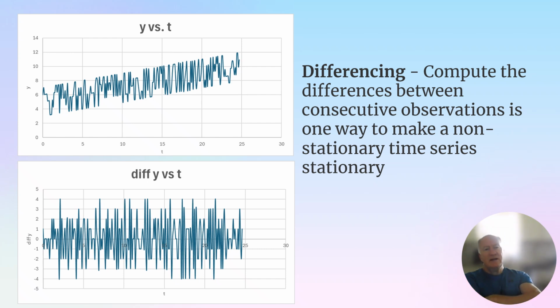So for example, here is a data series with a trend, and we took the difference of the two data points, and if we look, the trend has been removed, and we're left with the time signal. So computing the differences between consecutive observations is one way to make a non-stationary time series stationary.